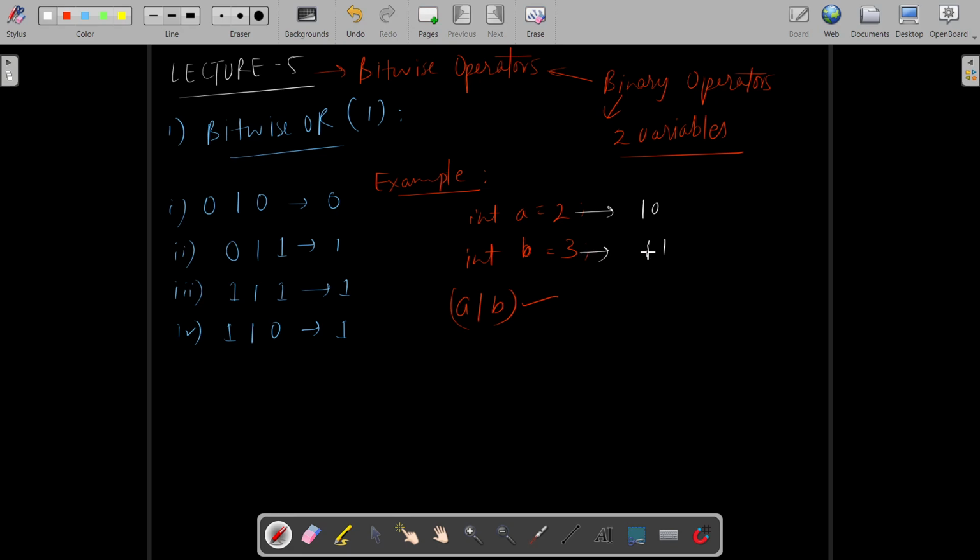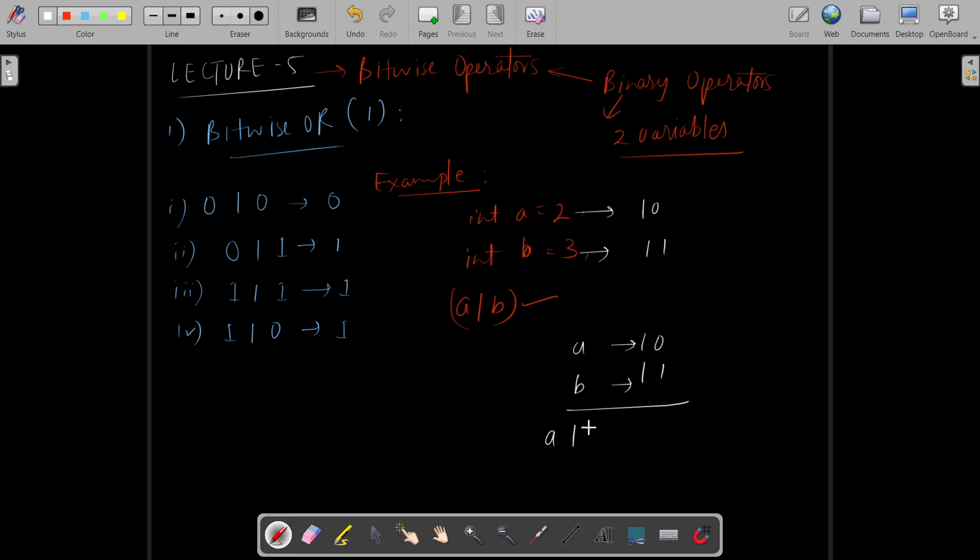In case you don't know the binary representation of a number, you can watch the lecture ahead. If we try to find the bitwise OR of these, let's write the binary representations one below the other. This is the binary representation of a, and this is the binary representation of b.